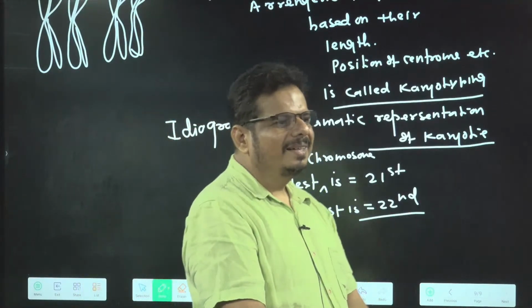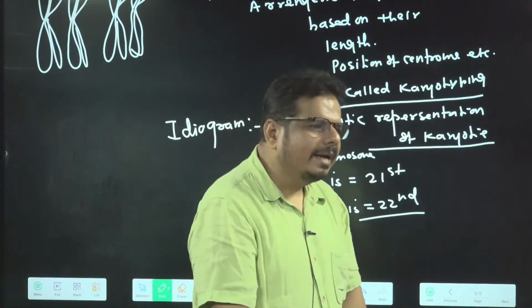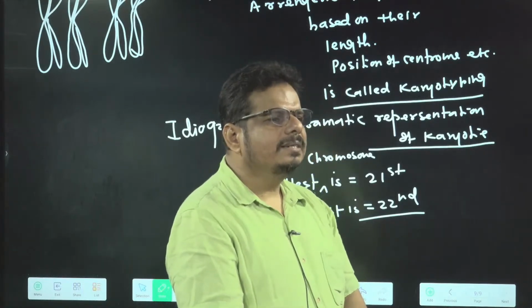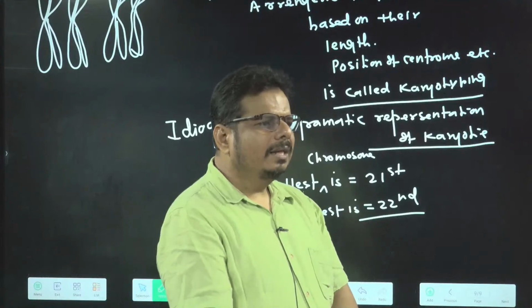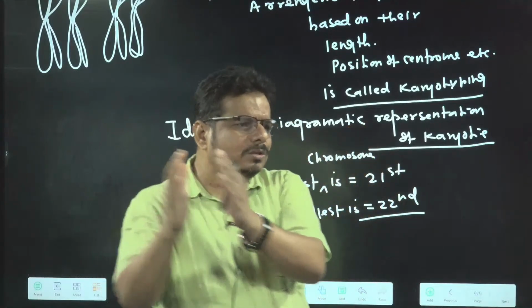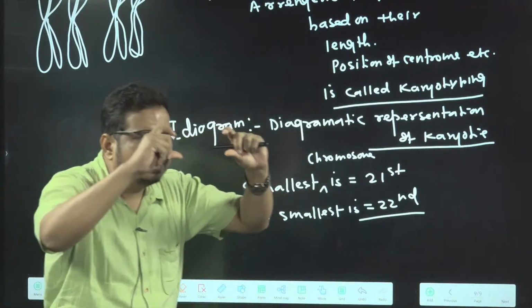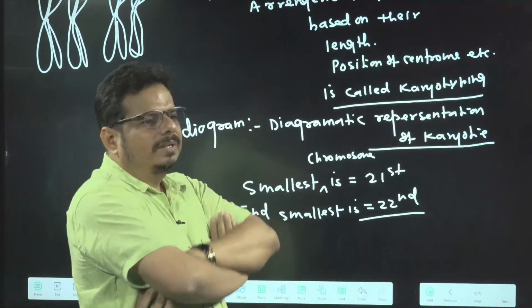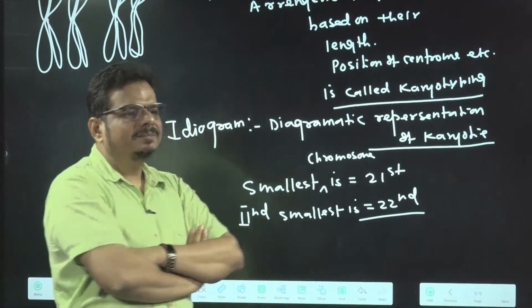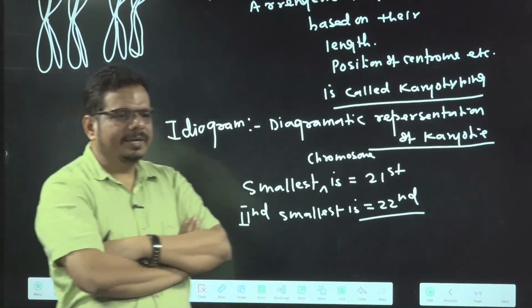Are you getting the idea? And in karyotyping, the sex chromosome is placed last. So the process of arrangement is called karyotyping. After arranging, when you click a picture, it is called ideogram. You got the idea? Is it done? Okay.